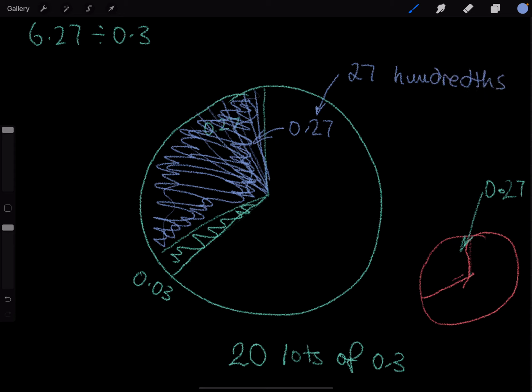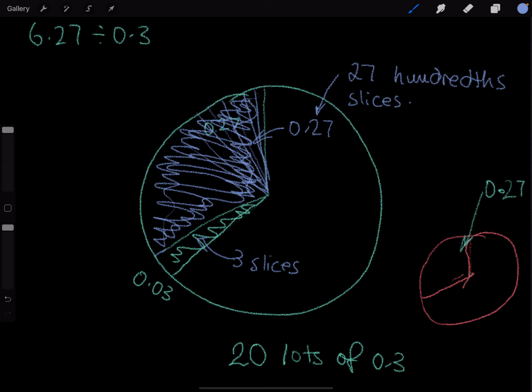Okay, so it's 27 of them. So how many slices are in here? This part. There's 3 slices in here. Yes. And so if there's 27, and 0.3 would be 0.30 if you're going to have the same number of digits, then that would be 30 hundredths. Okay.